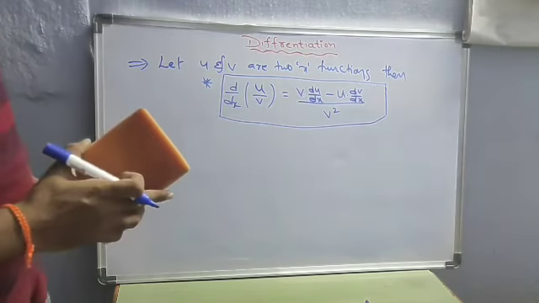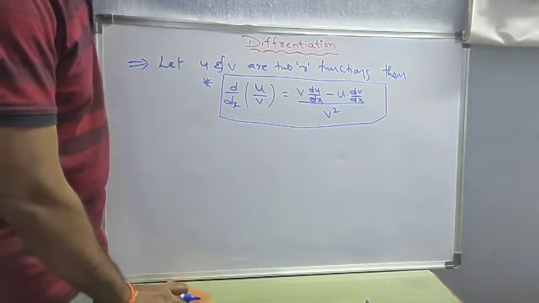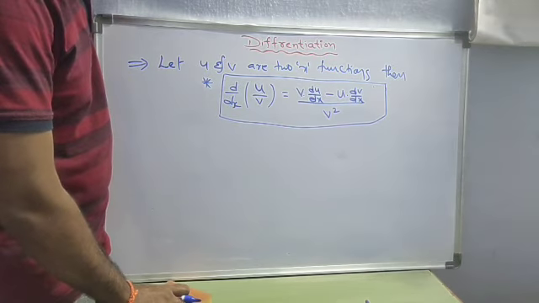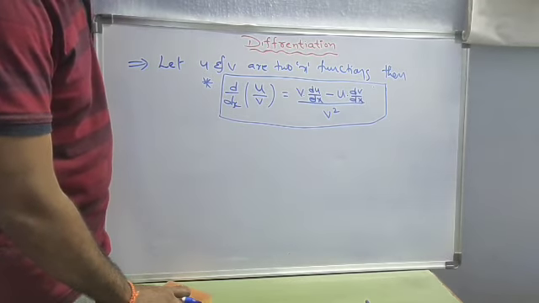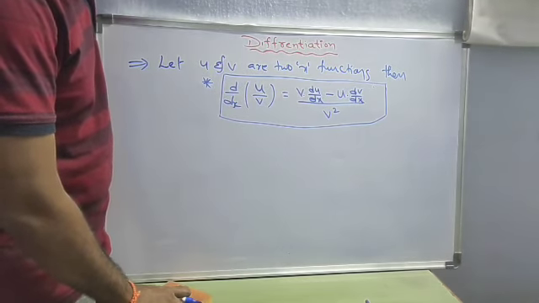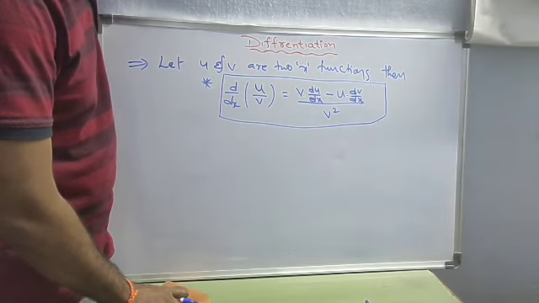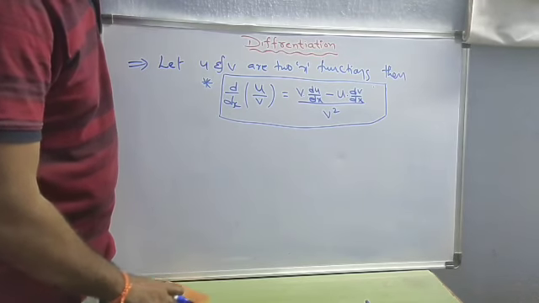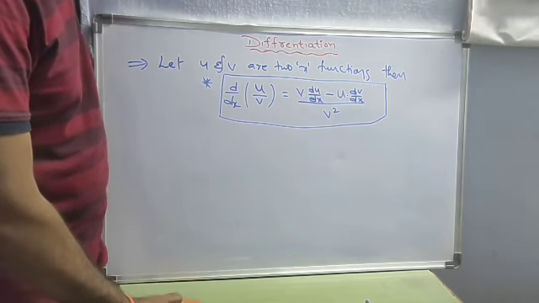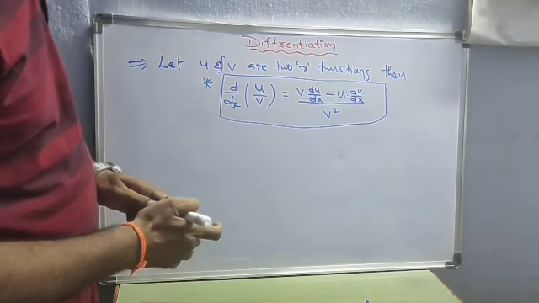Most of the problems depend upon this formula. So today we are discussing the standard formulas in differentiation: inverse trigonometric, inverse hyperbolic, and this one. These all are important formulas that are used to solve the problems. Understand? So practice this carefully.